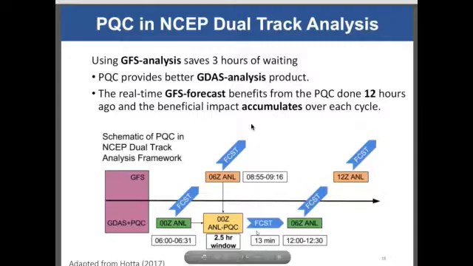If we want to implement this in operation, you'll see that because we need the future analysis to do the verification, there's no way that the real-time GFS forecast can benefit directly from recent PQC. There's always a 12-hour delay here. But it can benefit from the accumulation of PQC over the past cycles.